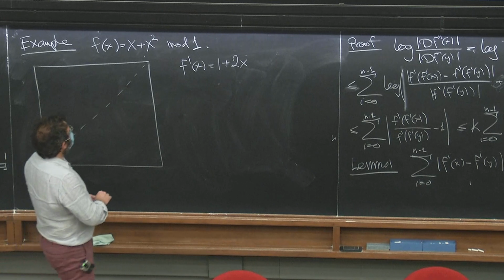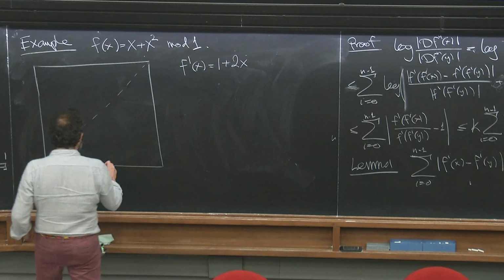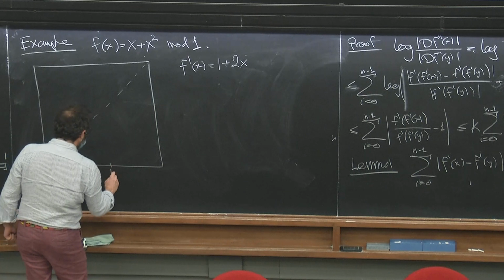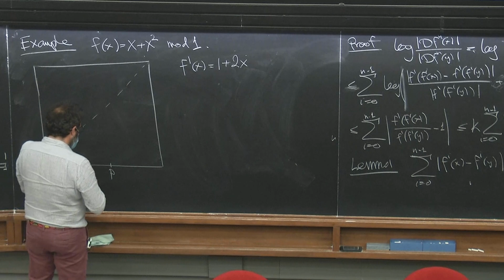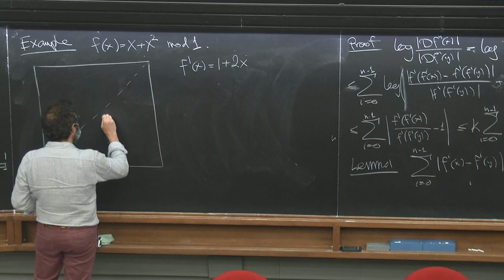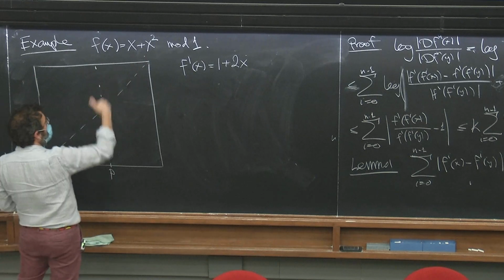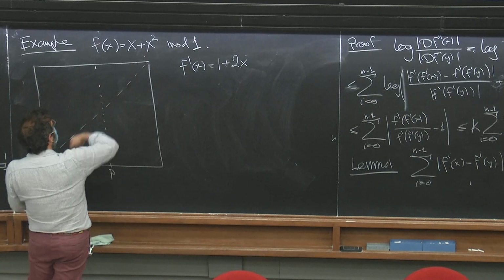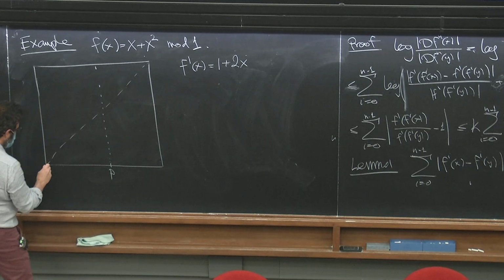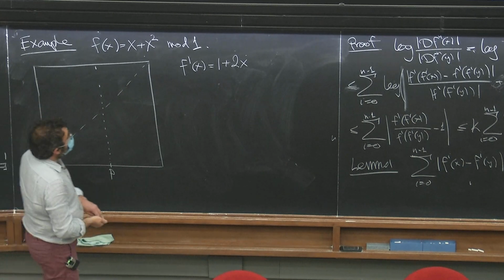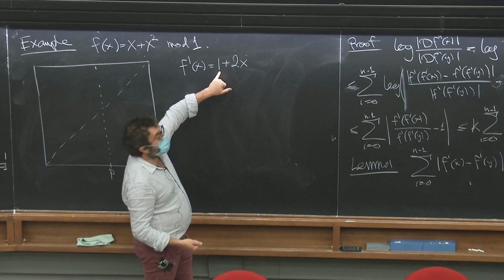So this is quite easy to see that this is a two-branch full branch map. There is some point here. Okay, I will let you think about it a little bit on your own, but you can easily see that it's got two branches. There is some point between 0 and 1 such that these are two branches. But here, the derivative, you see, is always bigger than 1, except at the point 1.